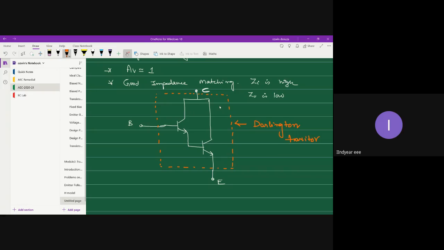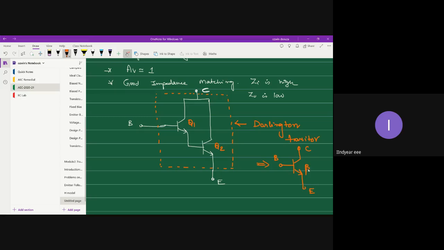But what you have to understand is that within the package there are two transistors, say Q1 and Q2. The equivalent symbol for a Darlington transistor can be given just like any other three-terminal transistor device. This is base, this is collector and this is emitter.